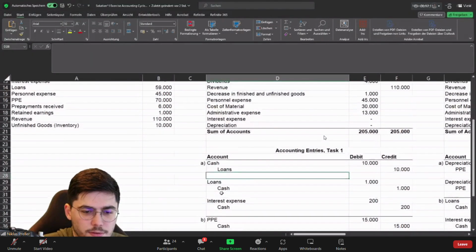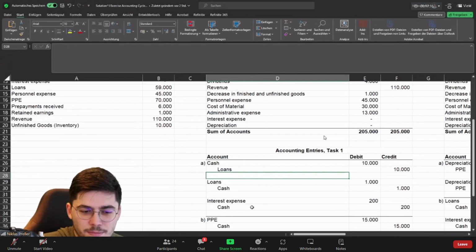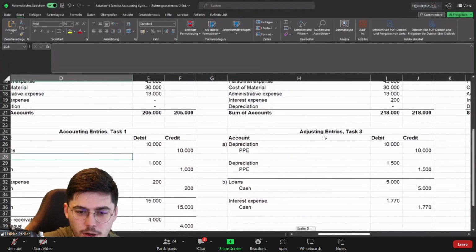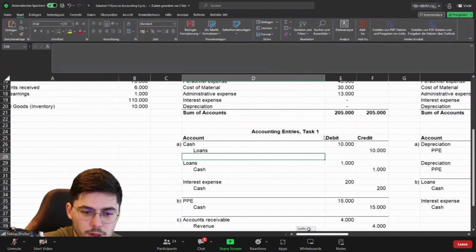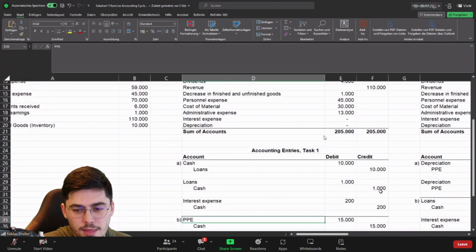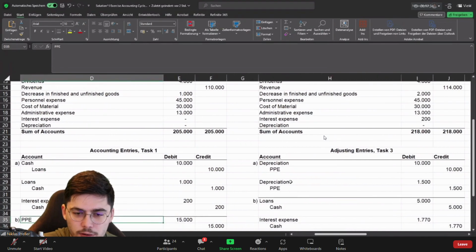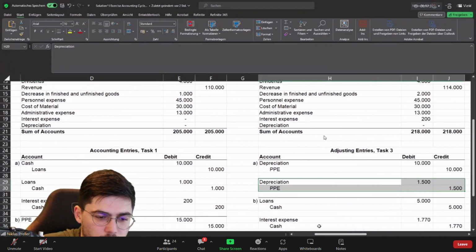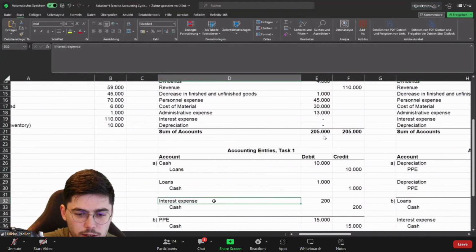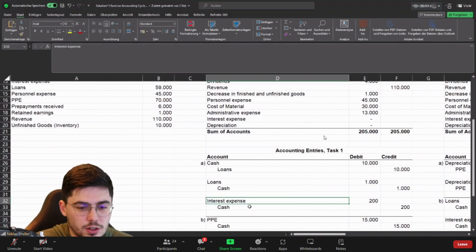So we have PPE to cash 15,000, and then we have depreciation to PPE, which I put over here for task 3 for the adjusting entries. But as I said, that's also fine if you do it in this category here. Those are the two accounting entries for transaction number B.